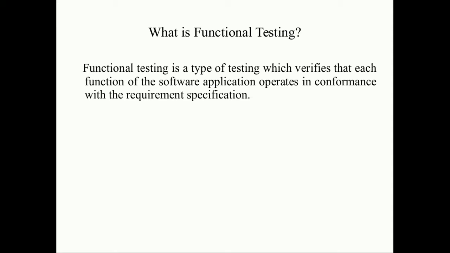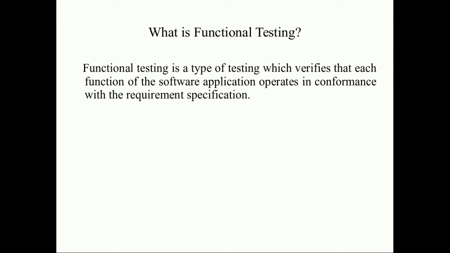Now if we look at how we can perform functional testing, or what is the complete process for functional testing, we have certain steps. Starting with identifying the test inputs. Then after we compute the expected outcomes with the selected test input values.